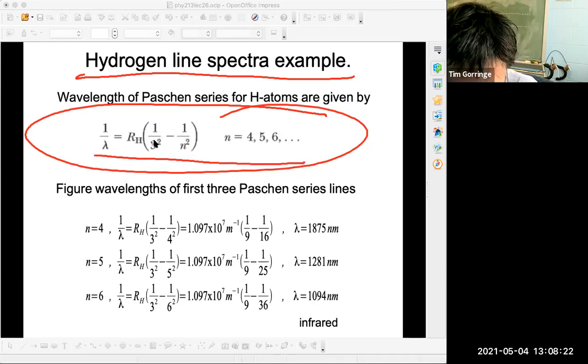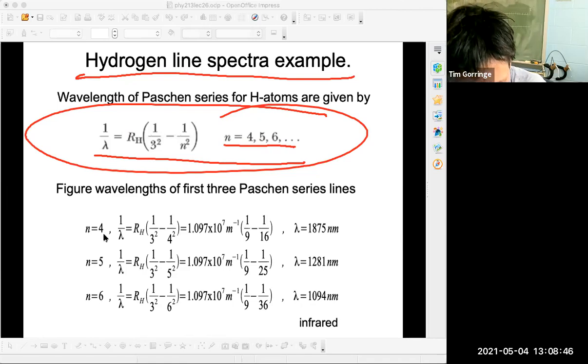It's not 1 over 1 squared or 1 over 2 squared, it's 1 over 3 squared minus 1 over n squared. And now the n is again integers larger than 3. So the n is a 4 or a 5 or a 6. That's the pattern. And so we can use this equation to calculate the first 3 lines of the Paschen series.